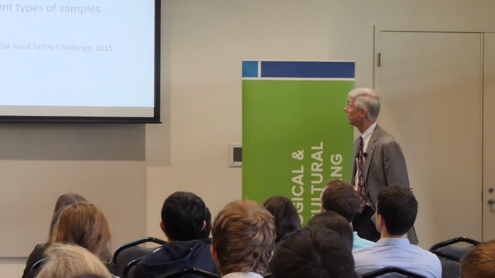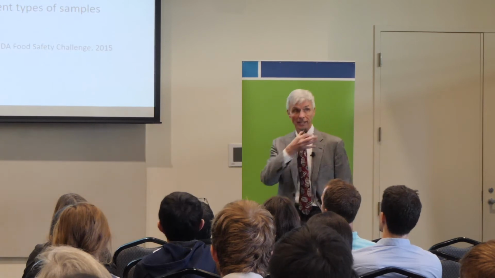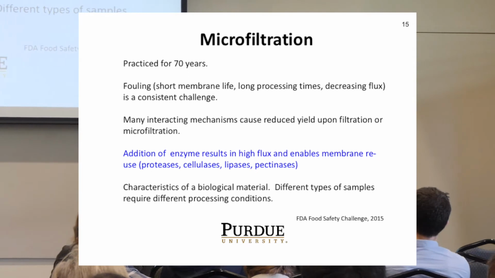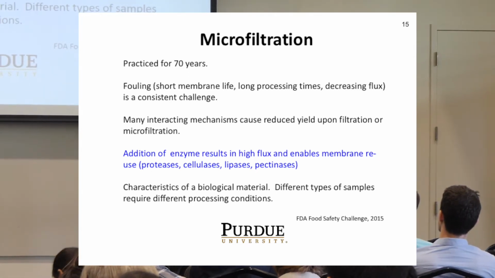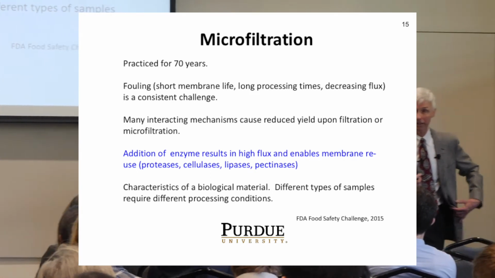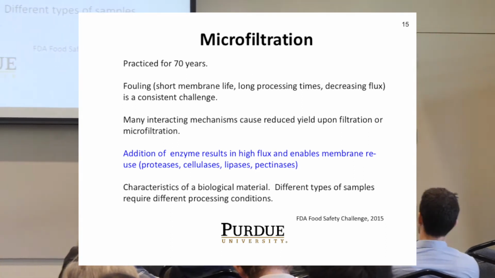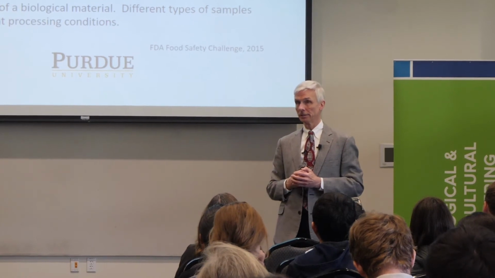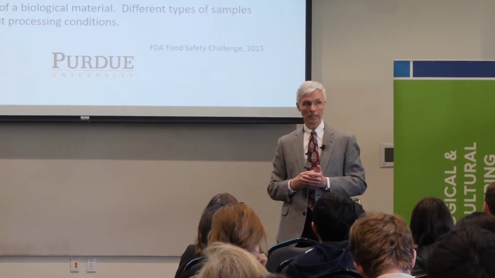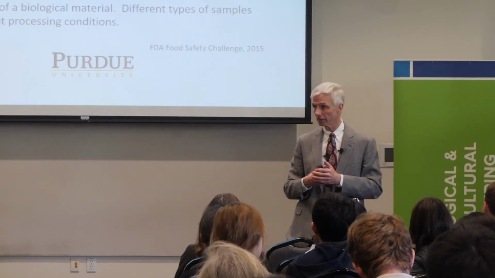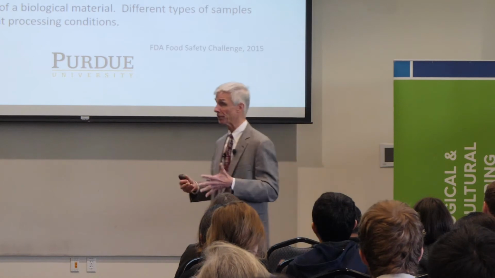So microfiltration, you might say, as us chemical engineers know and ag engineers know, is not new. It's been around for 70 years, but fouling has been a huge issue. So what we decided to do is use enzymes in order to help us prevent fouling. The way the fouling occurs is the cutoff is 0.2 to 0.45 microns, so a really, very large cutoff. And the molecules that we're trying to separate the cells from are probably on the order of 100 kilodaltons or less, so they're very small.